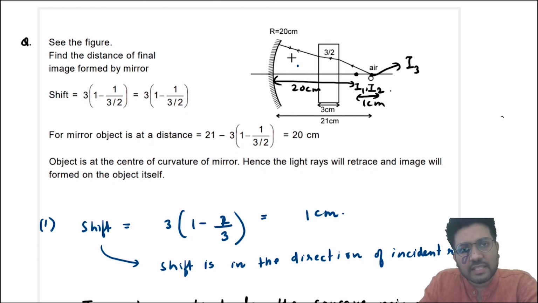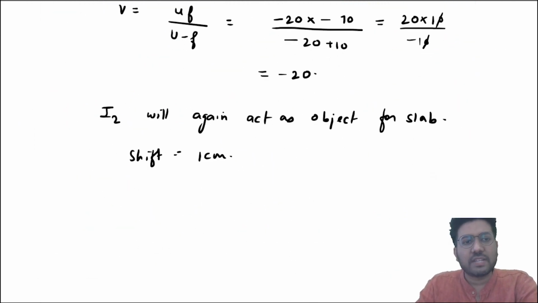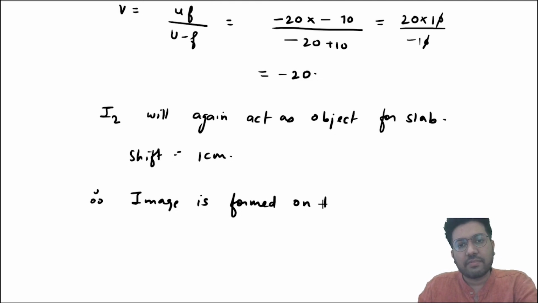So 1 centimeter shift towards right means again the image is formed on the object itself, right? So therefore the image is formed on the object itself.